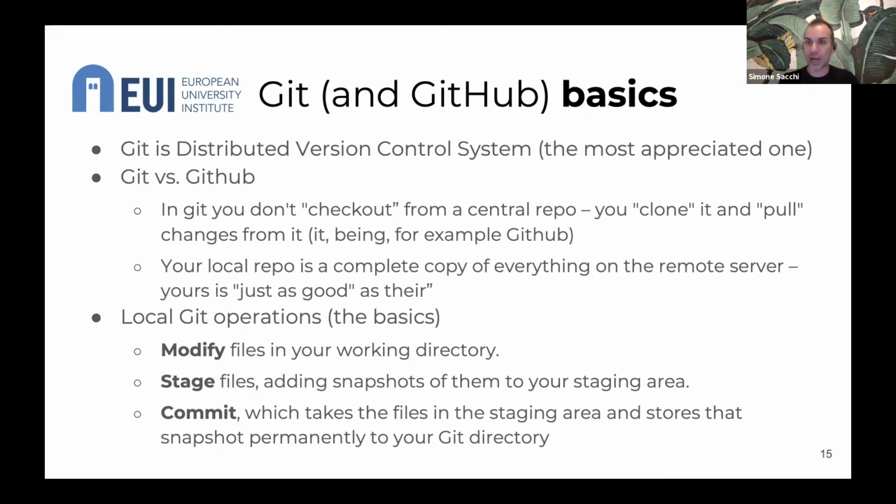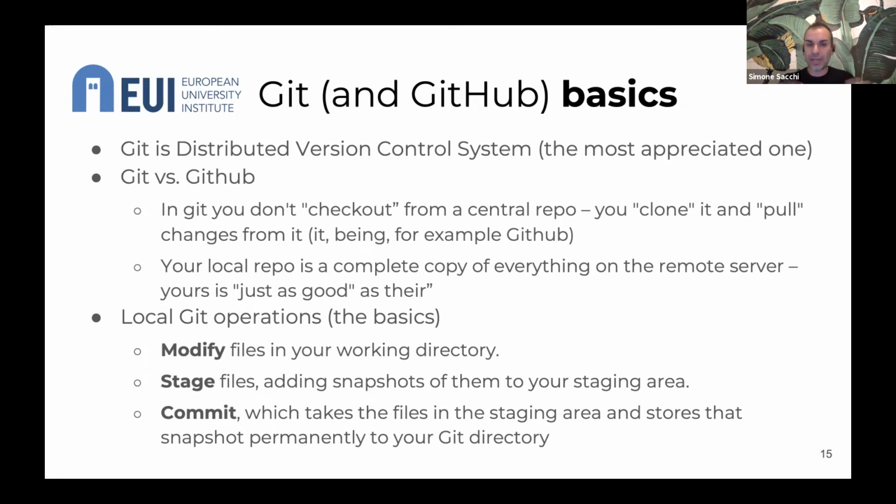It's kept in check according to what you wish. So you can check out, that's the idea, or clone a repository at any point in time of your work. So you can start from a specific point on a machine and so on. But your local repo, the one that you have on your machine, is complete with everything. So you can still work locally without working with GitHub.